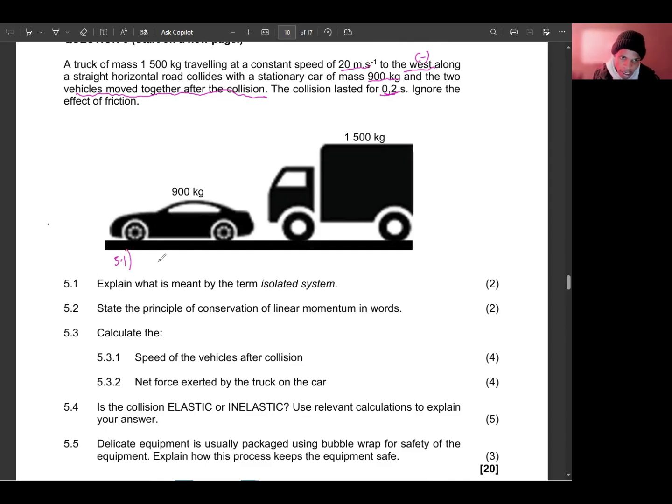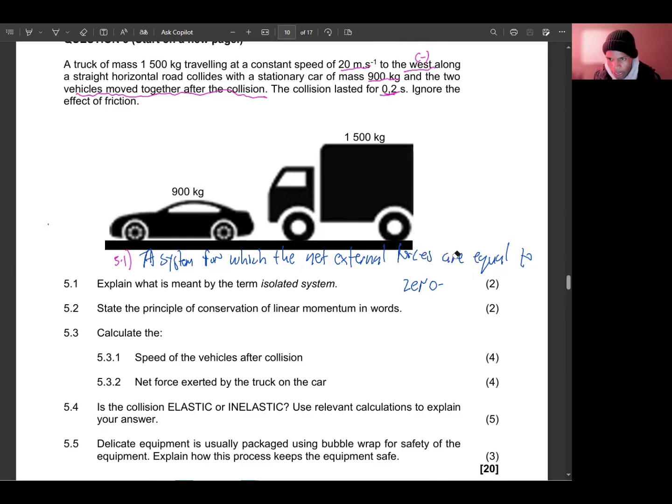We say this is a system for which the net external force is equal to 0. Right, so a system for which the net external force is equal to 0.